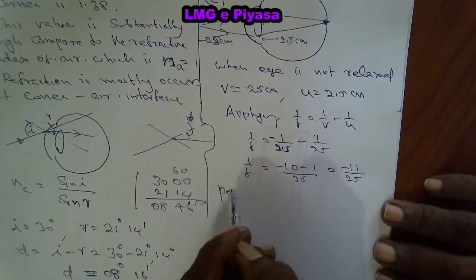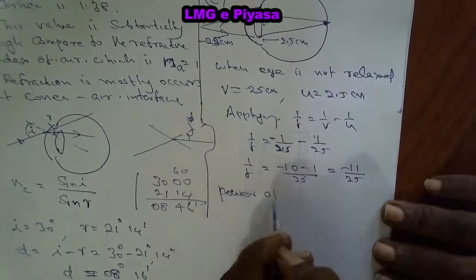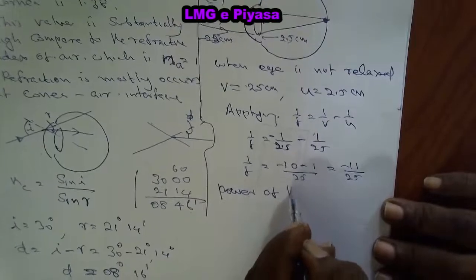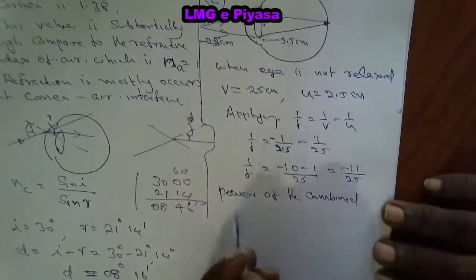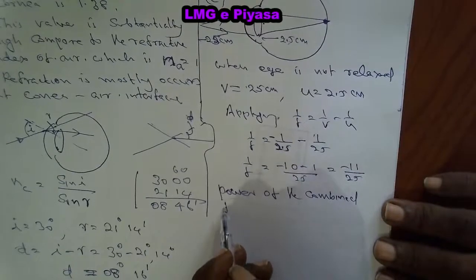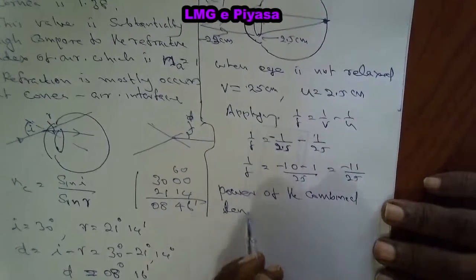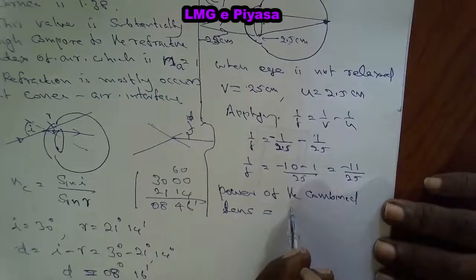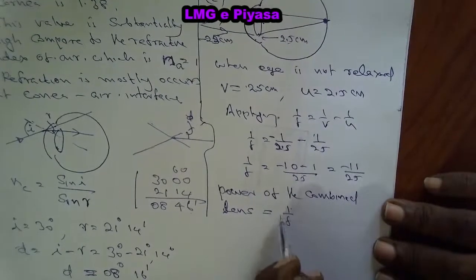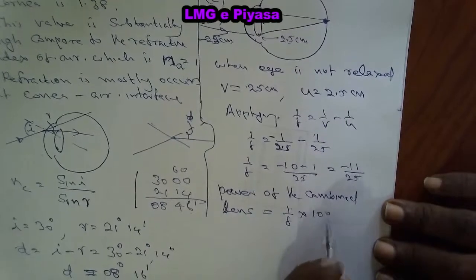Therefore, the power of the combined lens equals 1 over f into 100.